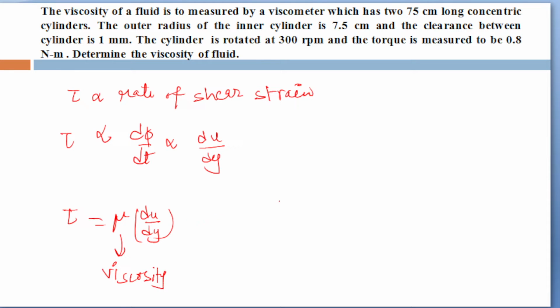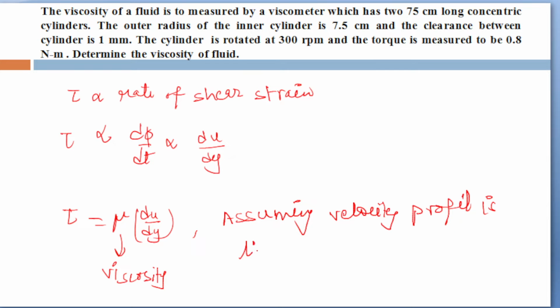And we assume the velocity profile is linear, because the clearance is very small, so we can assume the velocity is linear.